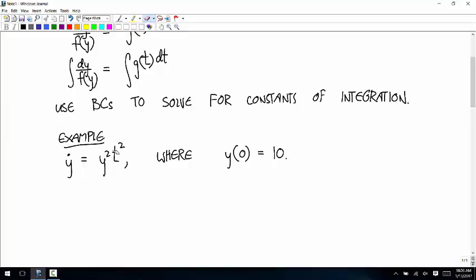That's y squared t squared. Dy dt. Yep. So the dot always means d dt. Double dot means second derivative with respect to time.